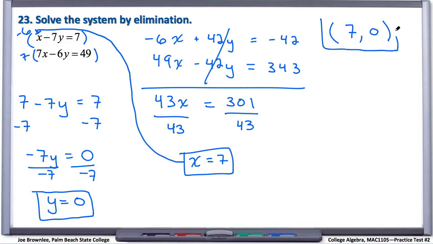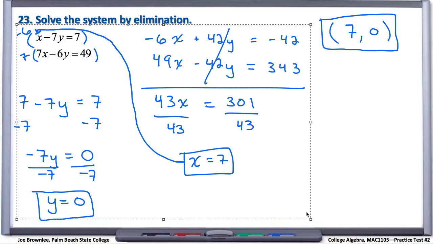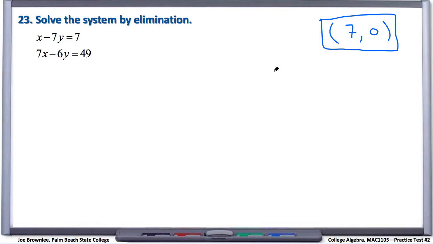And like we mentioned in video 22, it is a really good idea, especially on tests, to get into the habit of checking your solution. So let's take our claimed solution, plug it into each of these two equations, and see if we get a true statement. Remember, we have to get a true statement for both of these equations in order for this ordered pair to be a solution.